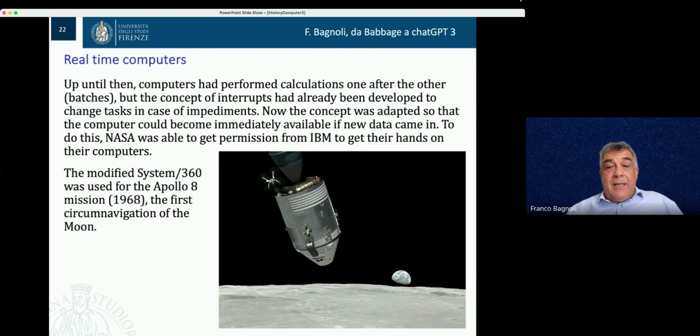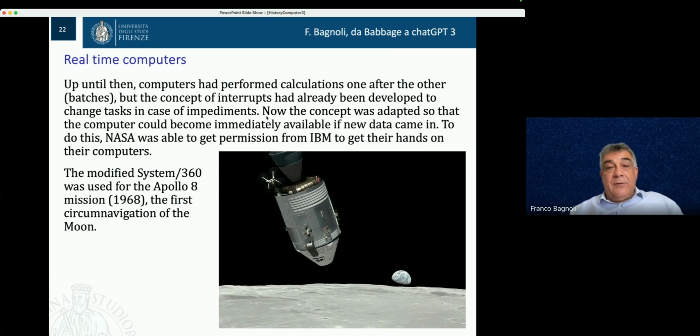But in a crucial system like the Apollo missions or nuclear rockets or also industrial machines, this is extremely dangerous, because if you receive an interrupt while you are doing something fundamental, it may mean the rocket crashes on the moon and so on.